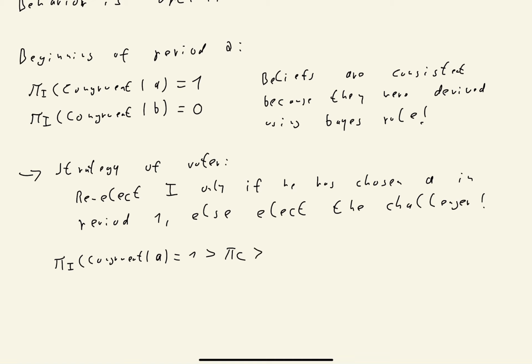And this in turn is larger than 0, which is your posterior belief about the incumbent of being a congruent type, given that he has chosen policy B. So indeed, this behavior, which is induced by your beliefs, which you derived by Bayes' rule, given the behavior of the incumbent in the first period, is optimal. So there is no way that you want to deviate from this strategy as the representative voter.